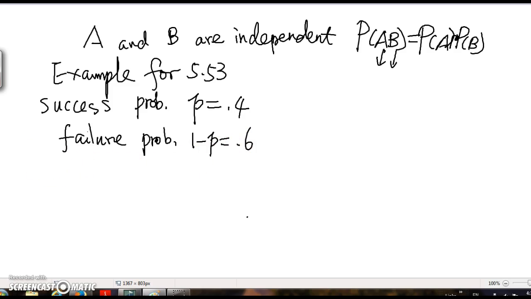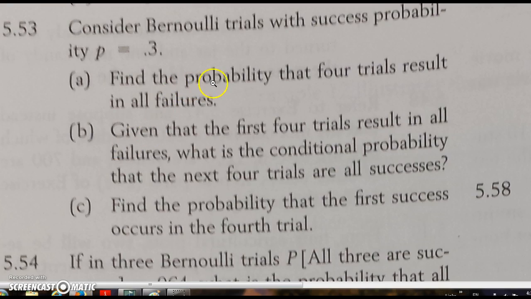And next, we're looking at first part A. Find the probability that 4 trials result in failures. So we're going to do 4 trials, and each of them ends up a failure.